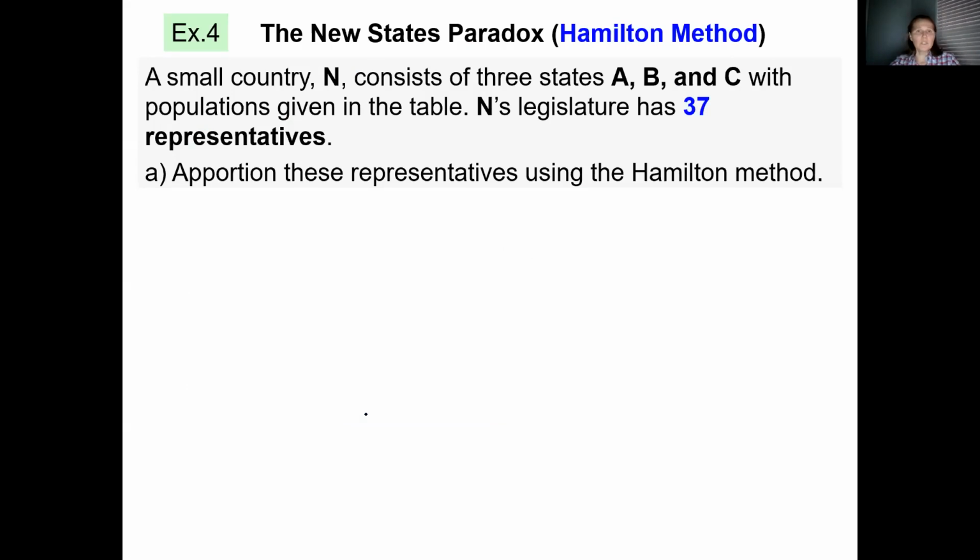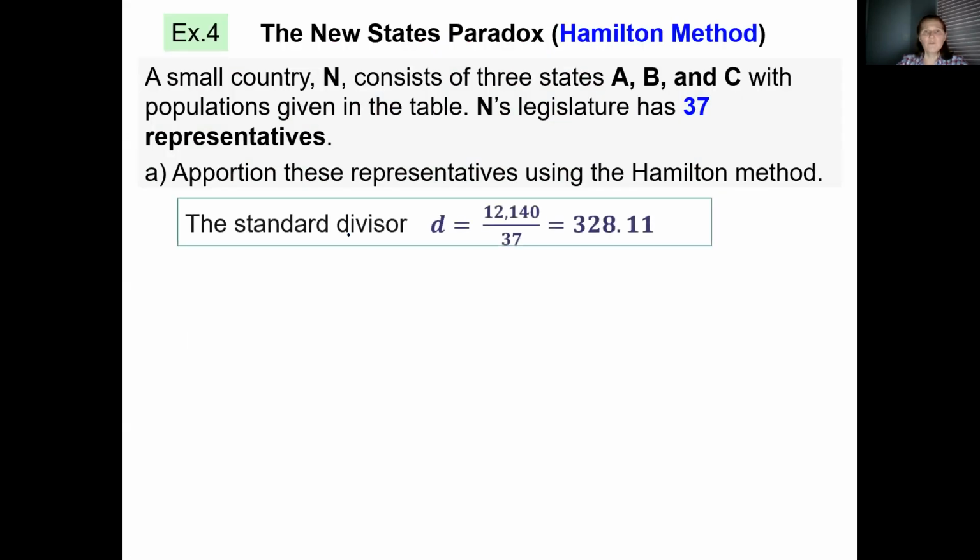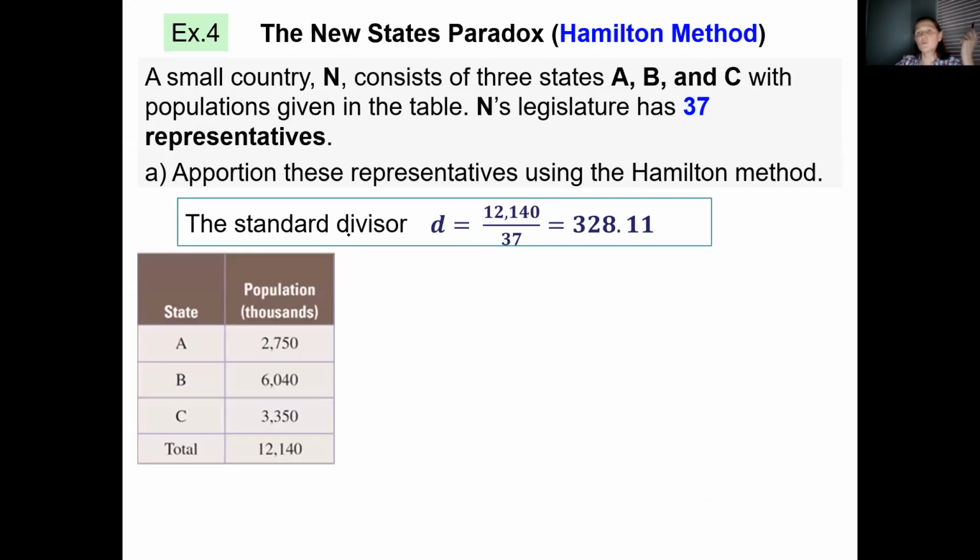We will show how this new state paradox can occur in another example. A small country N consists of 3 states A, B, and C with populations given in the table, and the legislature has 37 representatives. Apportion the representatives using the Hamilton method. So we find a standard divisor, the total population divided by the number of representatives, with the total population given here in the table.